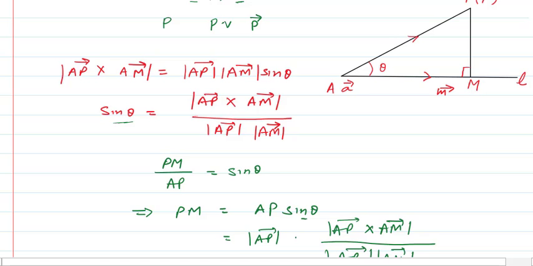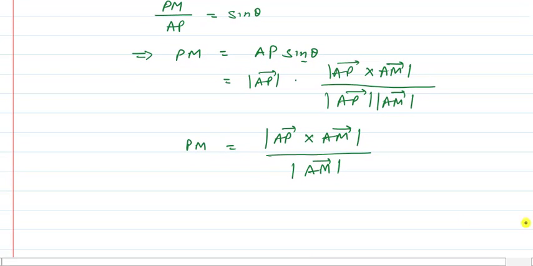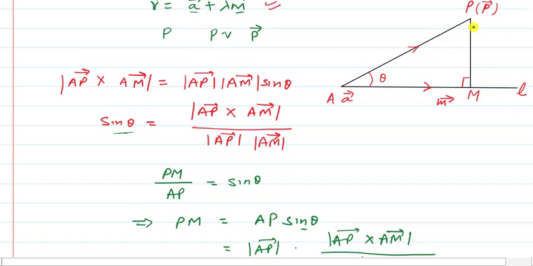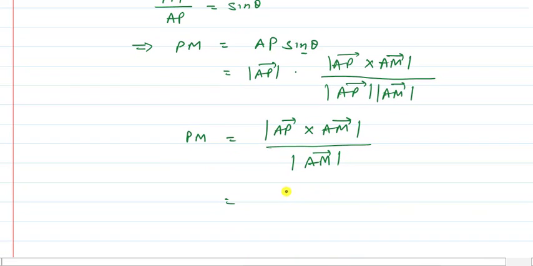So in short, you can write this in terms of position vectors now. As we know, point A has position vector a and P has position vector p. So AP can be written as p minus a. So let me write this AP as vector p minus vector a, cross AM.